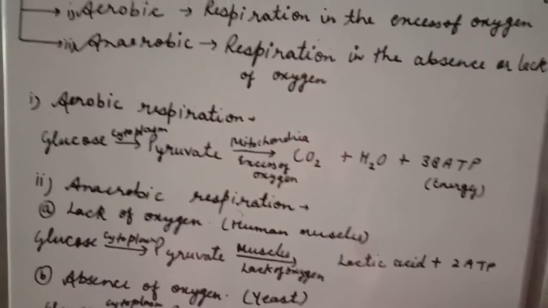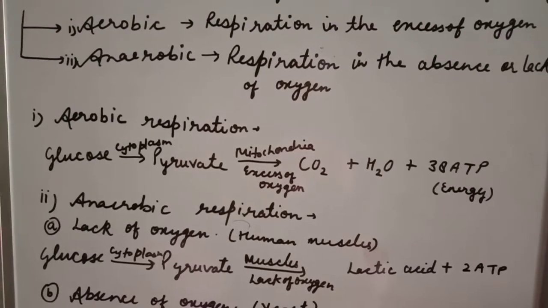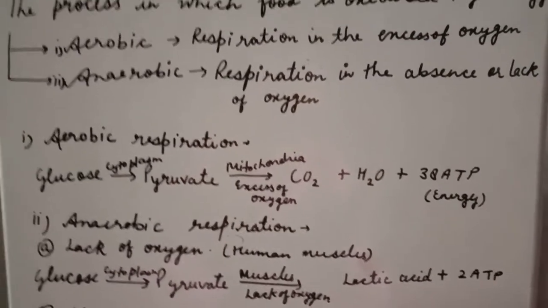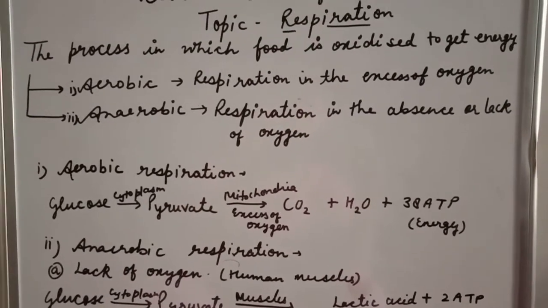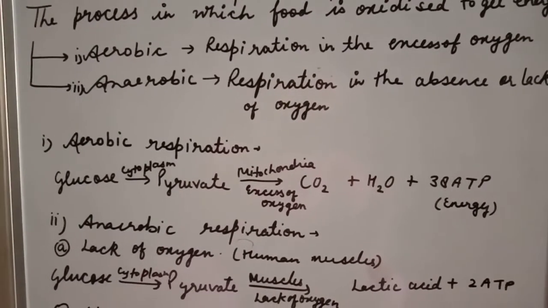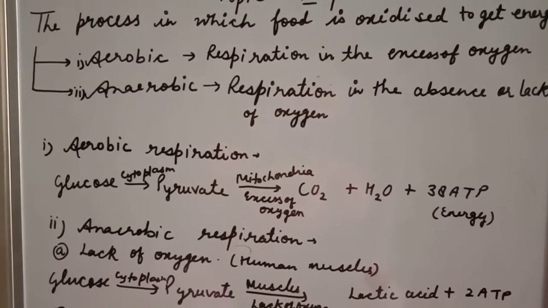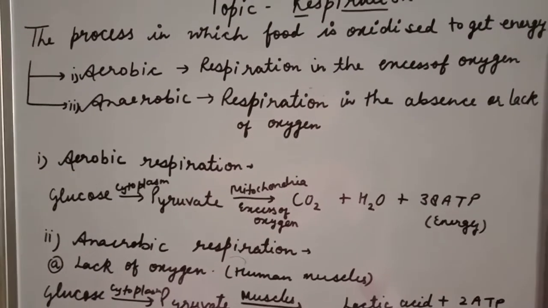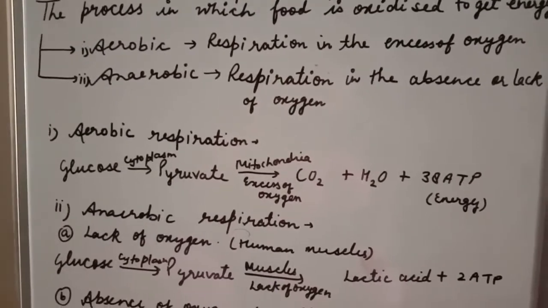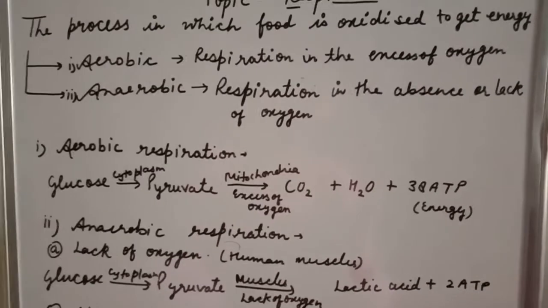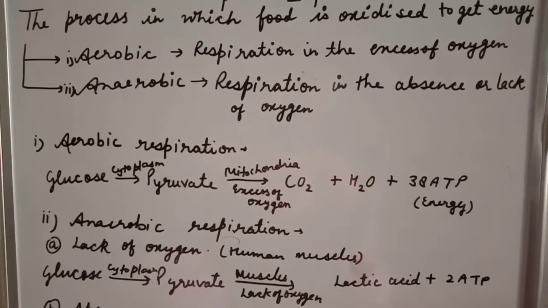Now in our mitochondria, आपने क्लास 9th में पढ़ा होगा, mitochondria, the powerhouse of the cell which generates ATP for our body. So same here what happens, ये pyruvate gets excess of oxygen in our mitochondria and gets converted into carbon dioxide, water, and 38 ATP energy, 38 molecules of ATP.